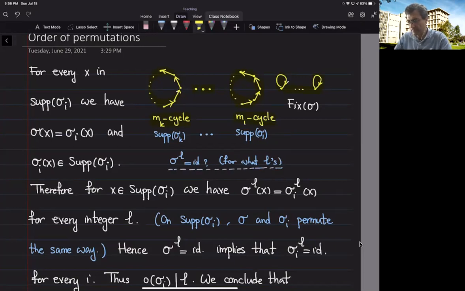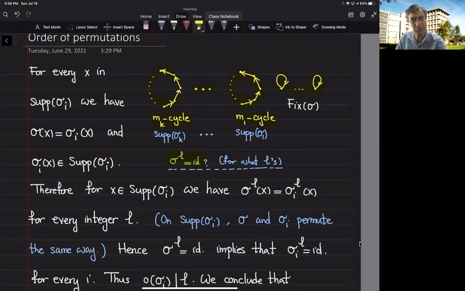Now notice, when I say for what L do I get identity, that means I have to apply sigma to the L to some integer x, and I have to see whether or not I'm getting back x. Now, if x is one of these fixed points, sigma to the L of x is x no matter what L is. So these points are fixed points. Those are clear, what happens to them under powers of sigma.